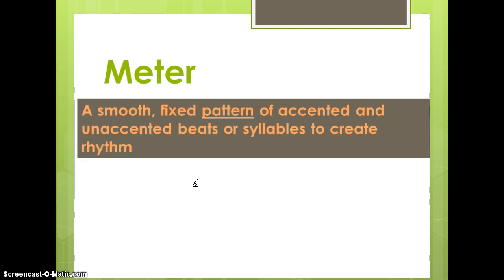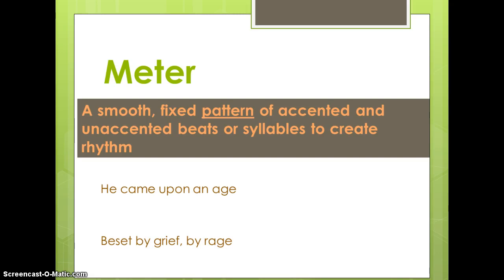Let's look at another device, which we call meter. Meter is a smooth, fixed pattern of syllables or beats that are either accented or unaccented. And this is used to create rhythm. So what do I mean? Let's look at an example of a part of a poem with meter.